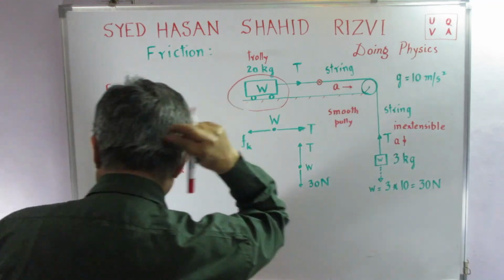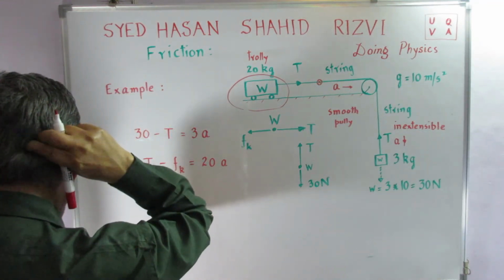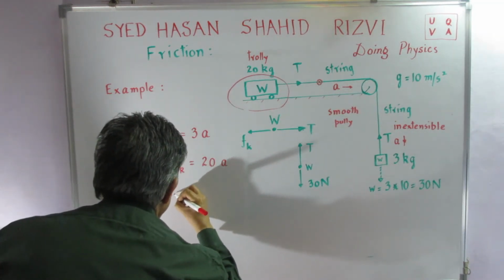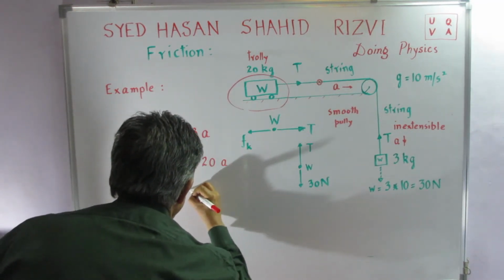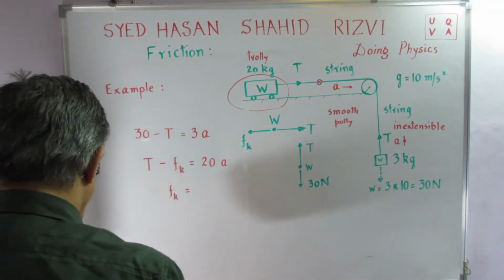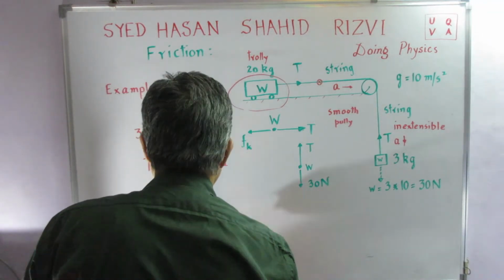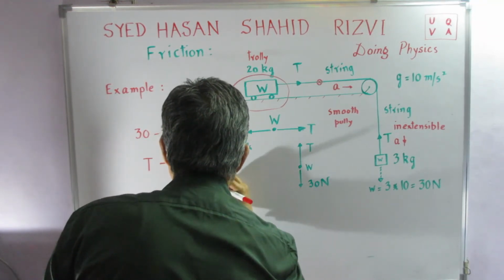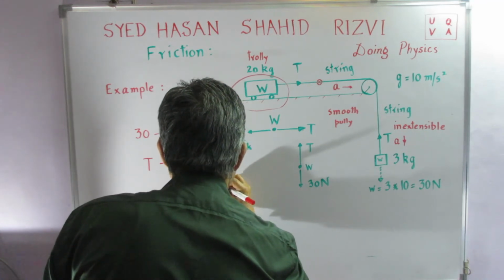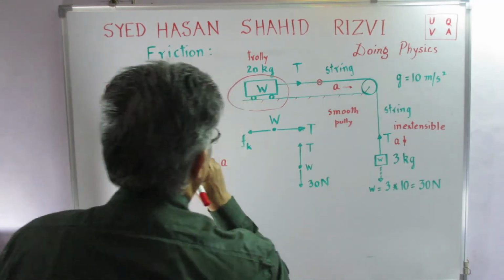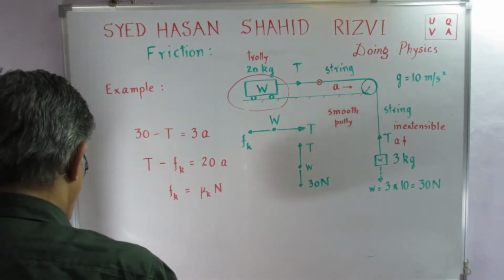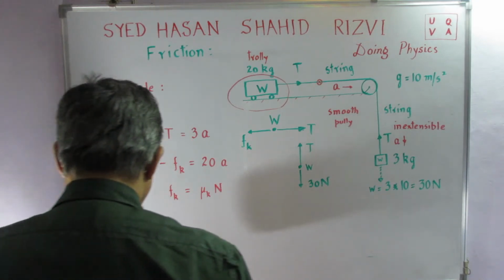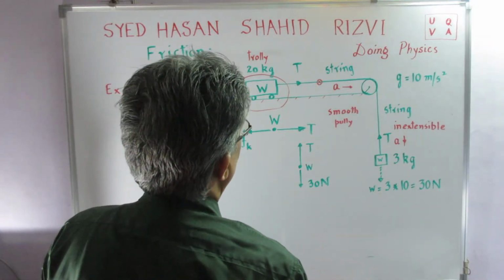So you get these two equations, wherein I can write Fk by definition as mu k into the normal force, mu k into N. And mu k, the coefficient of kinetic friction, is 0.04.